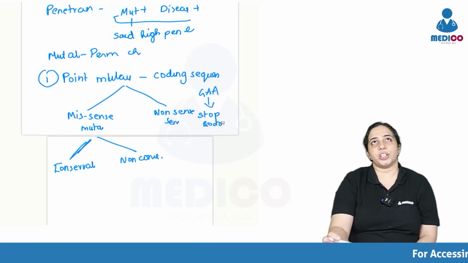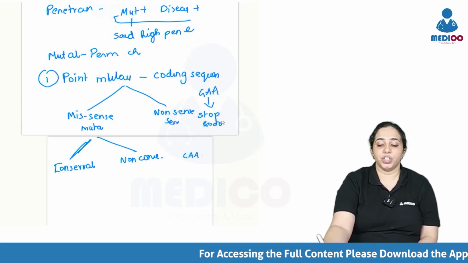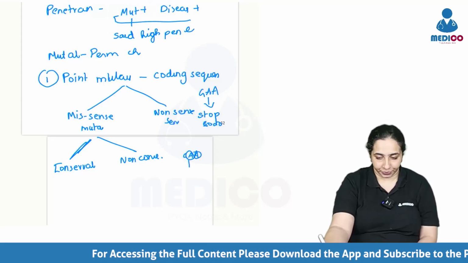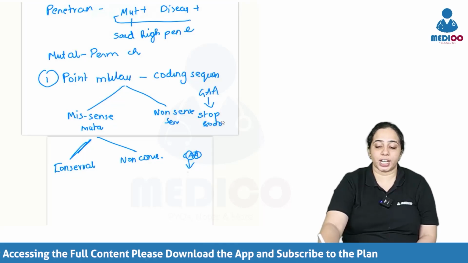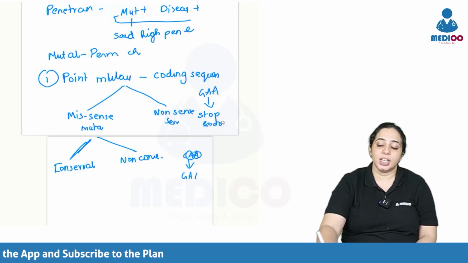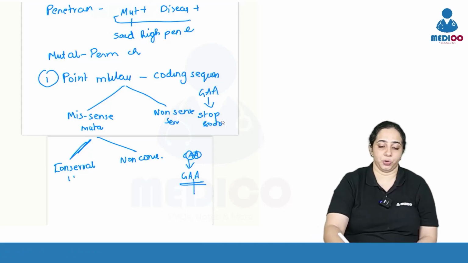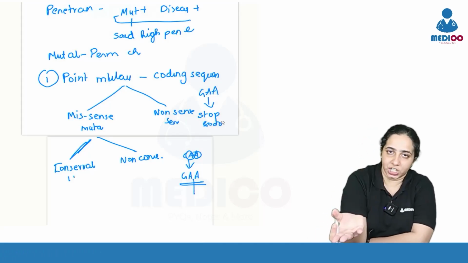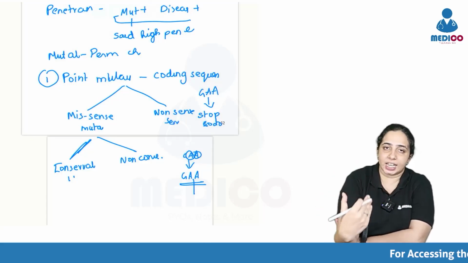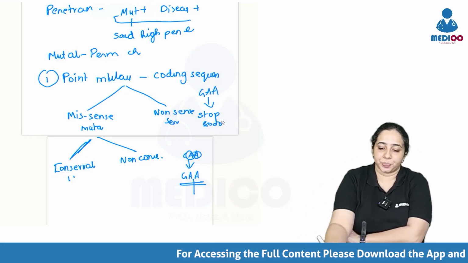So, missense mutation is when one of the nucleotides in the codon gets changed. Now, if because of the mutation the amino acid that is formed is the same, that is called a conservative mutation. So even though a mutation has taken place, if the same amino acid is getting formed, that is a conservative mutation.